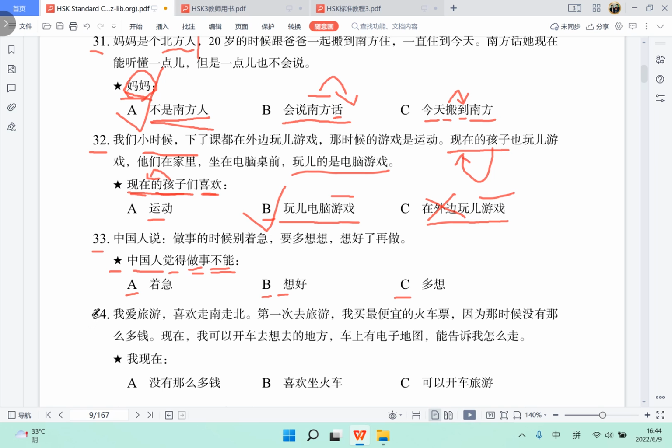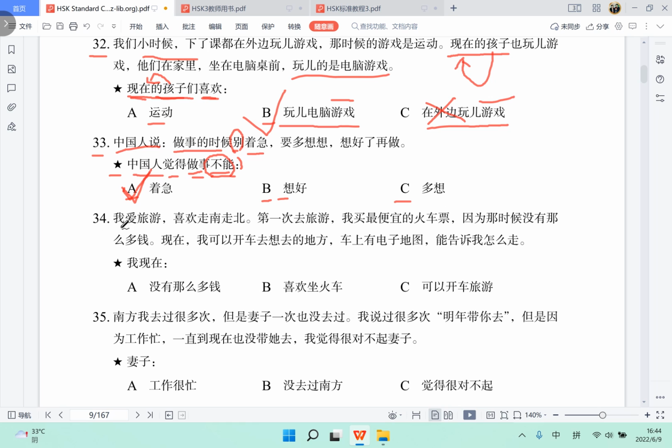So normally if you have some knowledge of traditional Chinese culture, Chinese people always say you have to be patient. It's quite important. So actually we can choose A directly without reading the paragraph. But to make sure we have to read it. So 中国人说 做事的时候别着急, so don't be anxious or worried. So this one we should choose A.